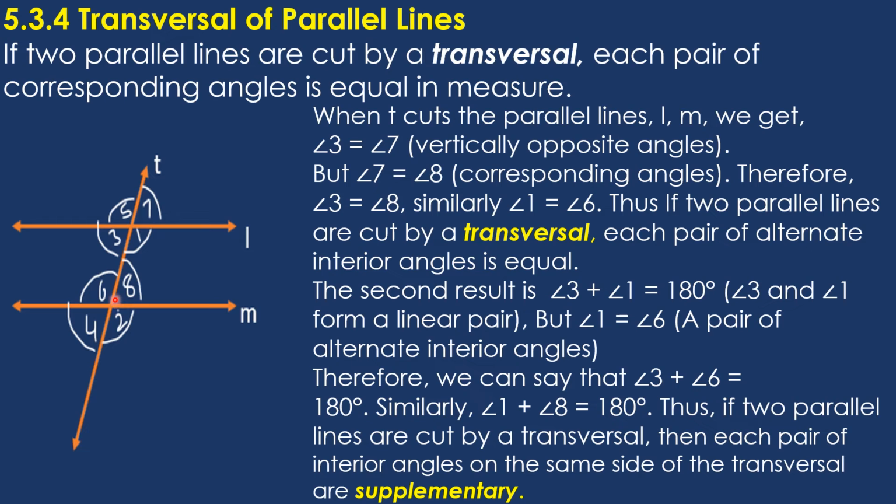Therefore, angle 3 plus angle 6 equals 180 degrees. Similarly, angle 1 plus angle 8 is equal to 180 degrees. Thus, if two parallel lines are cut by a transversal, then each pair of interior angles on the same side of the transversal are supplementary.